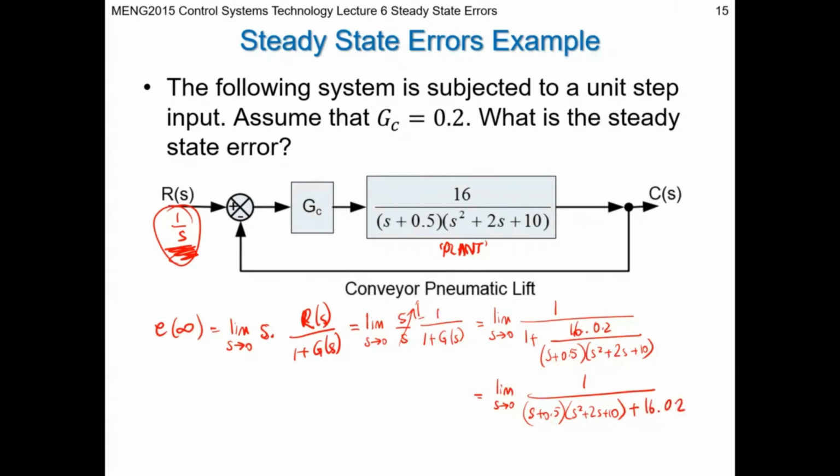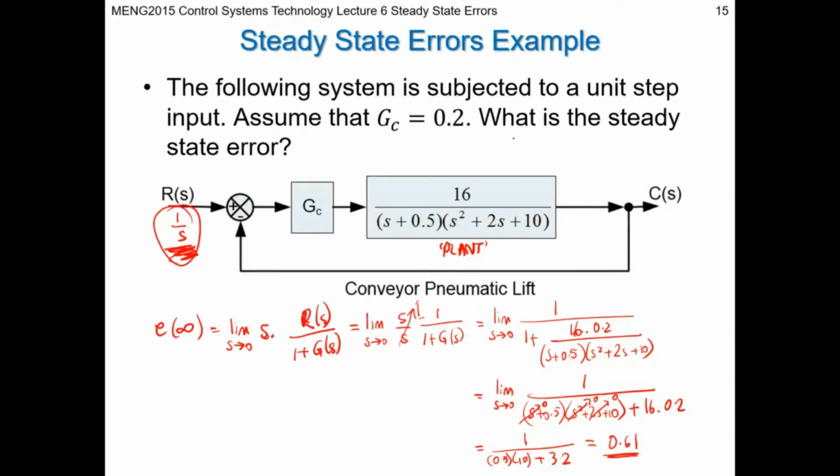The nice thing now is because we're applying this limit as S goes to 0, once we apply that limit, this goes to 0, this goes to 0, this goes to 0. So we end up with 1 over 0.5 times 10 plus 3.2. And so when you multiply that out, you get a value of 0.61.